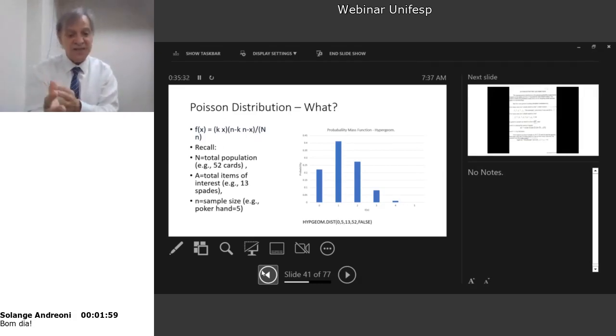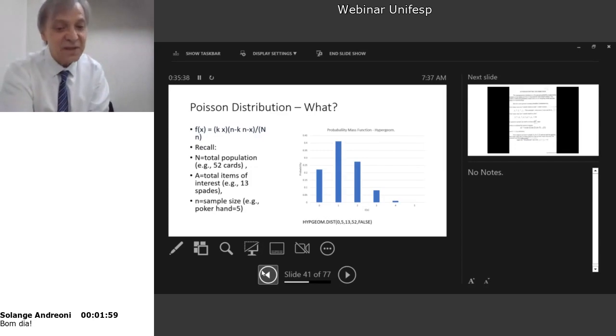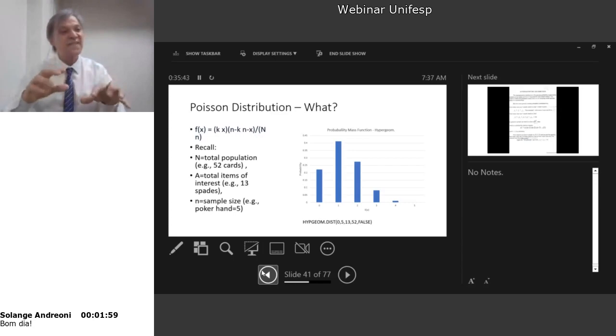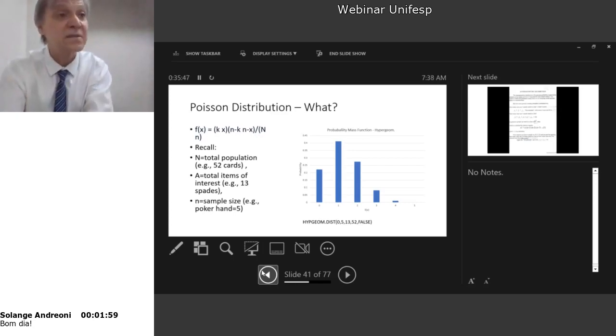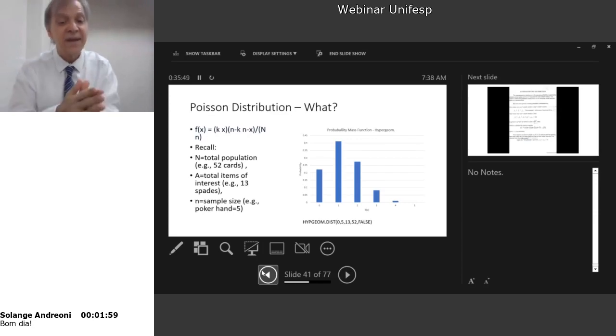And the second argument is, what is my sample? What is my experiment? What is my sample size? It's 5. You see that? And how many things of that type are there? That's 13 spades. Okay, and what is my total N, my size of the population I'm talking about?